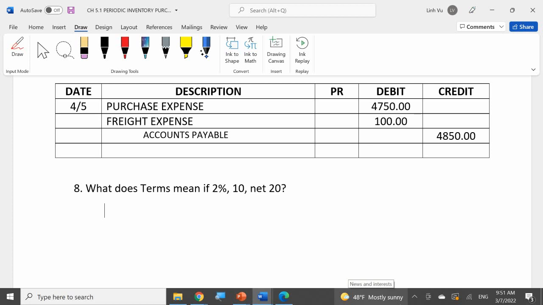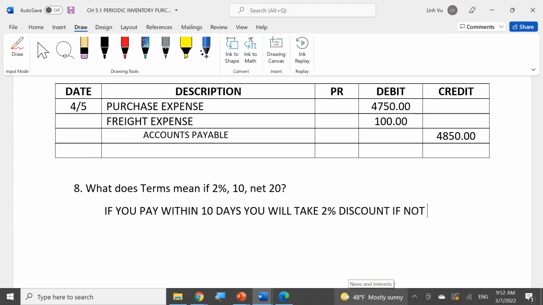Mm-hmm. Okay. If not, you have to pay the whole thing by 20 days, right? Correct. Correct. So in this case, if you pay within 10 days, you will take a 2% discount.